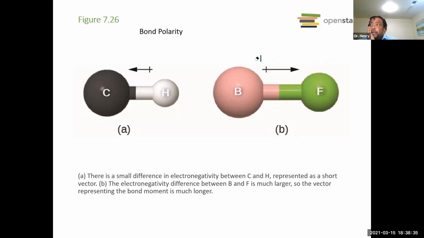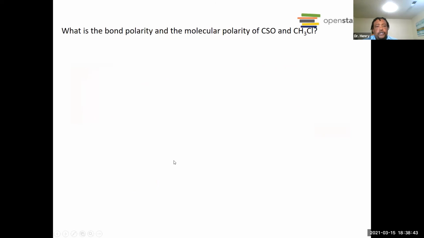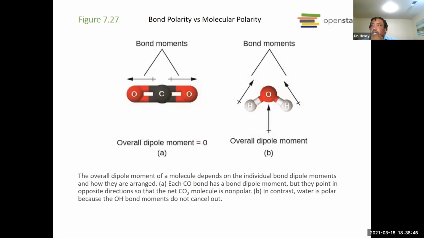When we talk about molecular polarity, you have to take into consideration both the bond polarity and the molecule as a whole. In the case of carbon dioxide, oxygen is more electronegative than carbon, so the electron is going to be moving towards the oxygen. So we're going to have a dipole moment towards the oxygen.